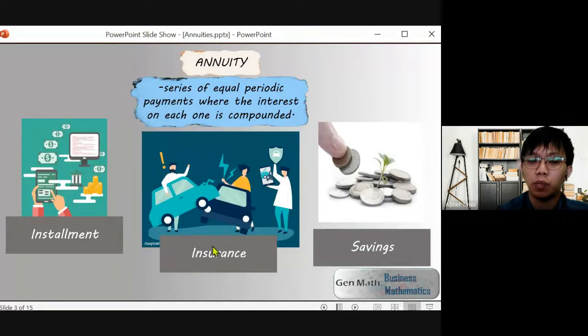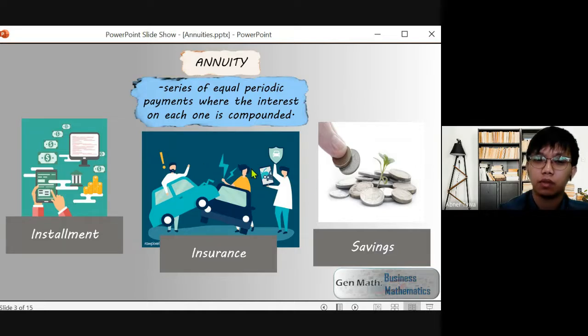Some insurance policies also apply annuity. And of course, we have your savings, like the situation we had earlier. These are the money transactions wherein annuity is applied.